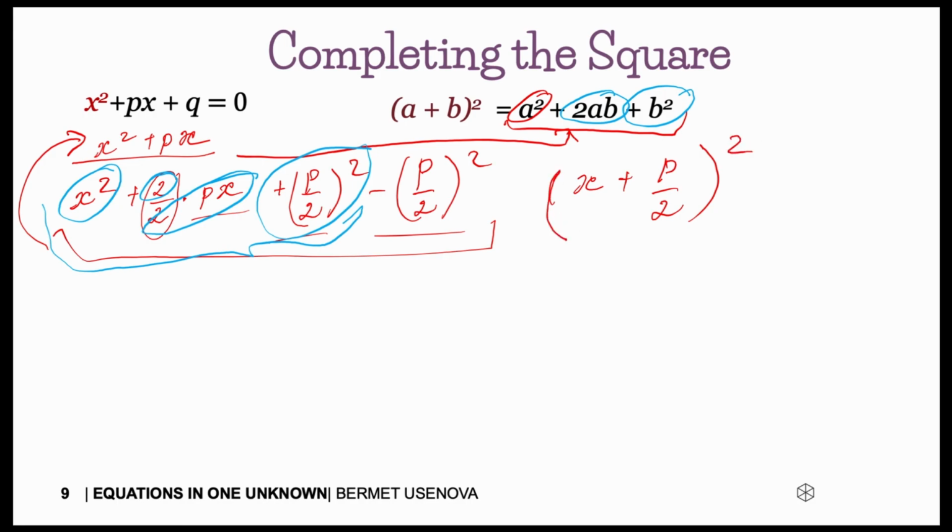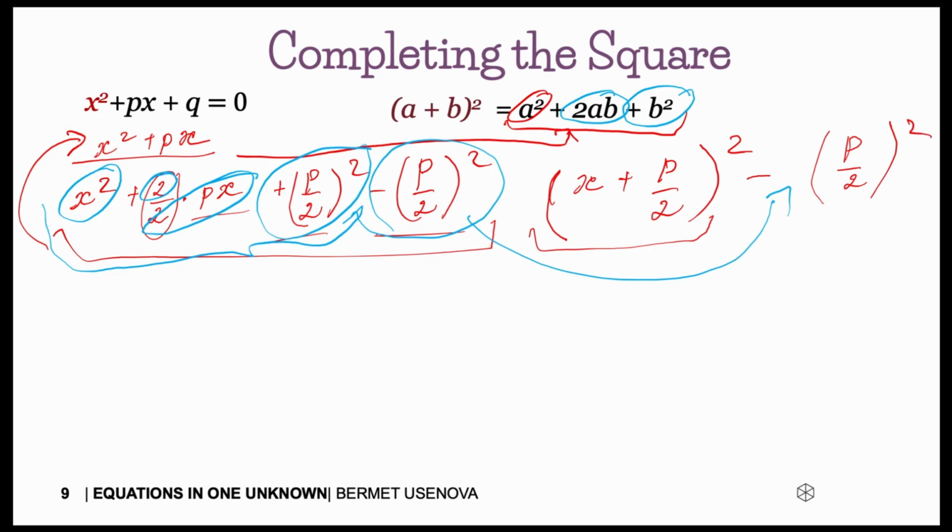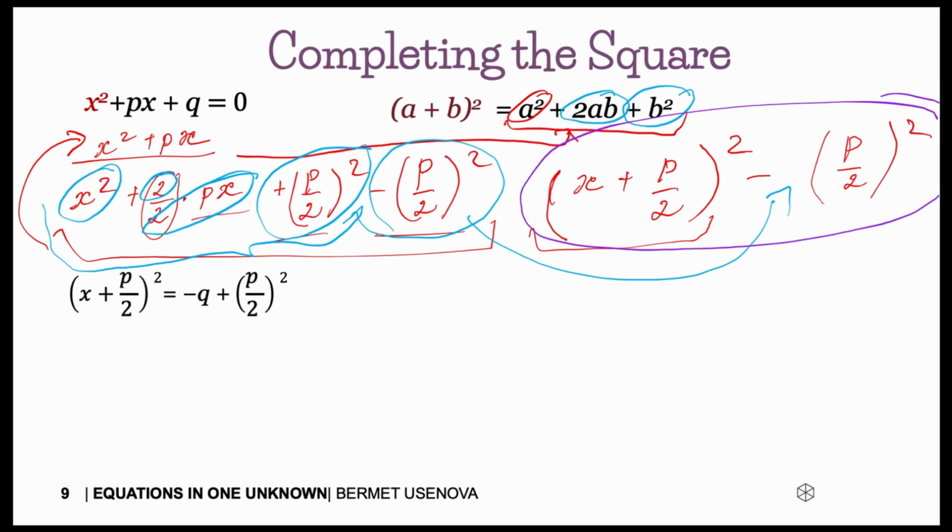So we completed the square here, and the rest we will just move here, and it will be minus p divided by 2 squared. Then if we take this expression here and move it back here, it will look like this.